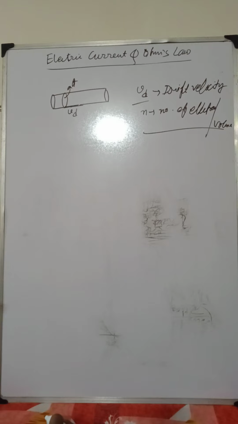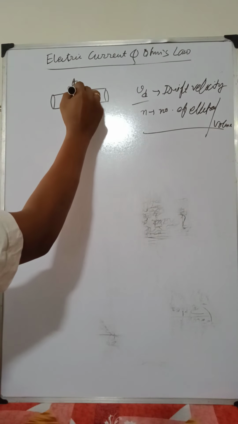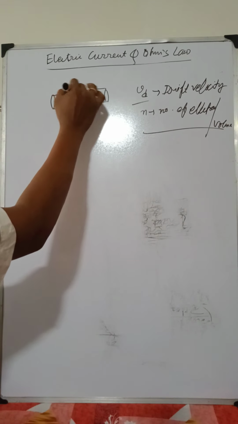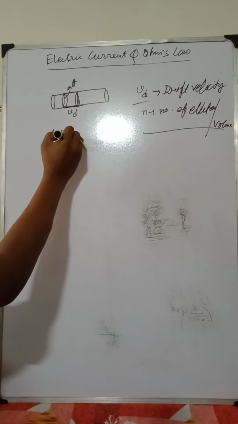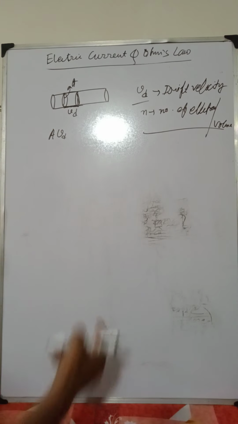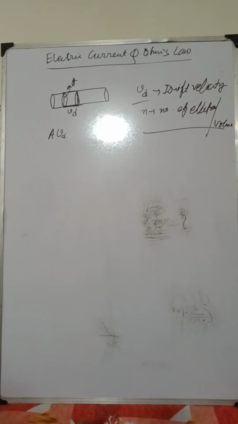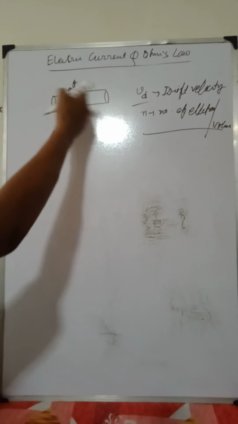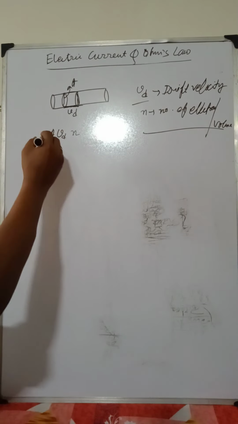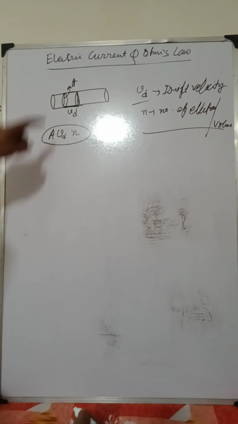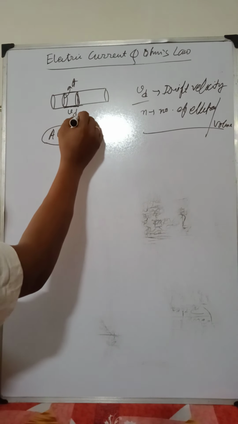Now if we make a cylinder with length Vd and cross-sectional area A, the volume of that cylinder will be A into Vd, area into displacement. And we know that N is the number of electrons per unit volume. So the number of electrons in that volume will be A Vd N. Suppose electrons flow in this direction.